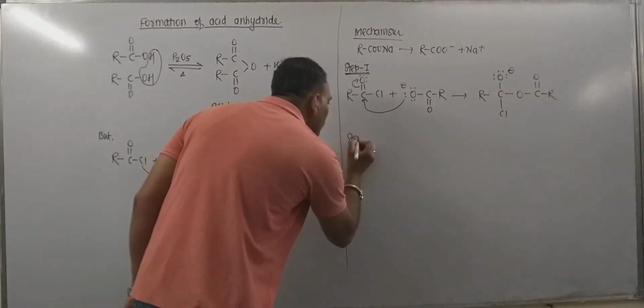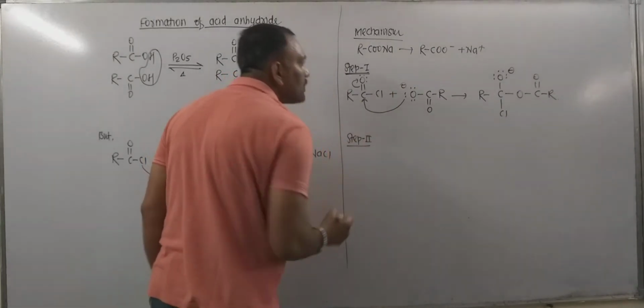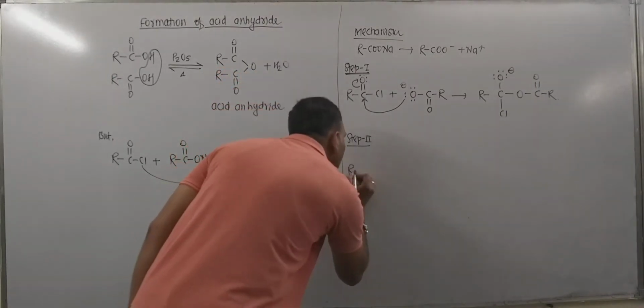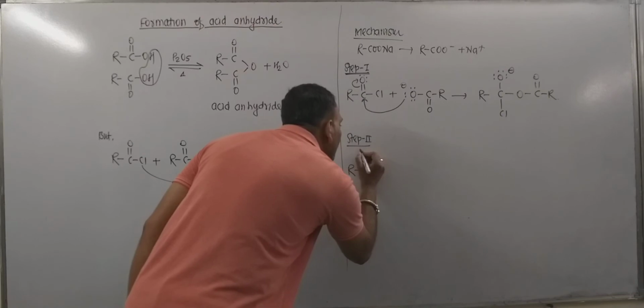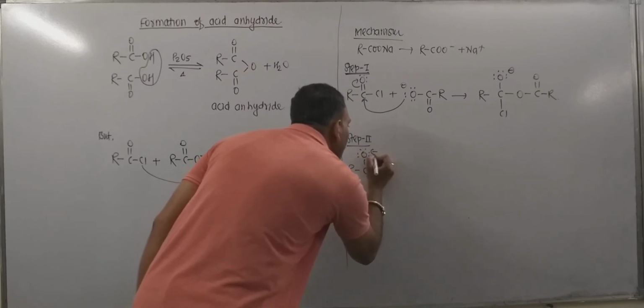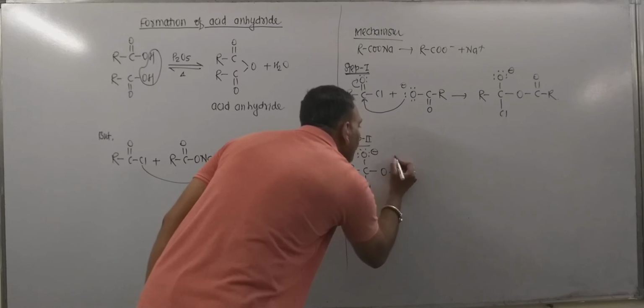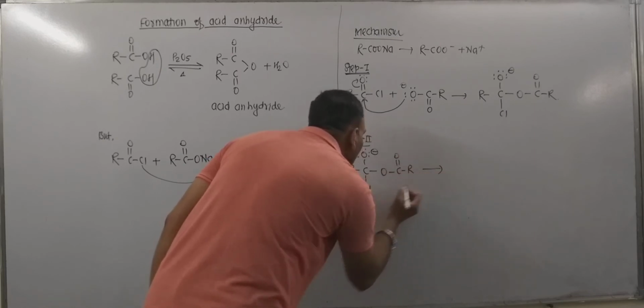Now in step 2, what happens? Departure of chlorine in the form of chloride ion takes place. So this is our intermediate obtained in the first step, which can be drawn as this. From this, what happens?